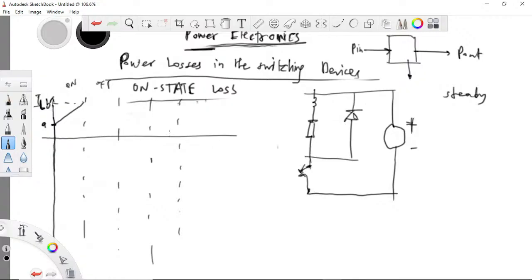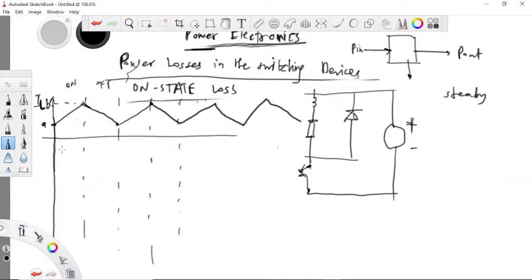Then when it is off, the inductor starts supplying current because of its stored current. It will discharge till it gets to the point A. Then when it comes on again, the inductor picks the current again and increases. When the switch goes off, the inductor discharges, and so on and so forth.